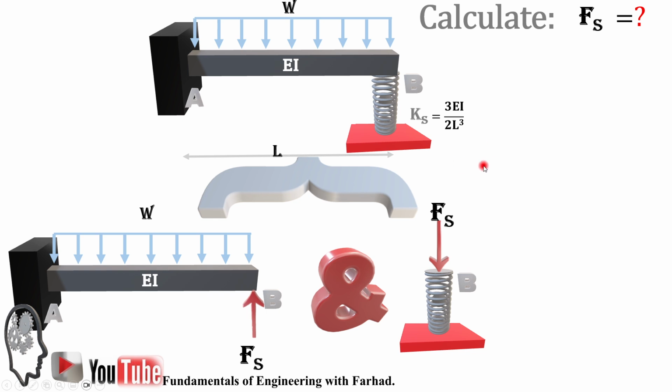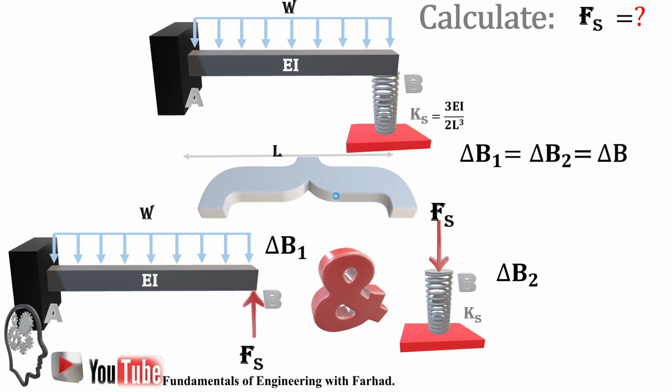And the key to this problem is delta B1 and delta B sub 2 are equal to each other, and they are also equal to the deformation at point B. So delta B sub 1 is equal to delta B sub 2 and is equal to the deflection or downward movement of point B of the entire unit.